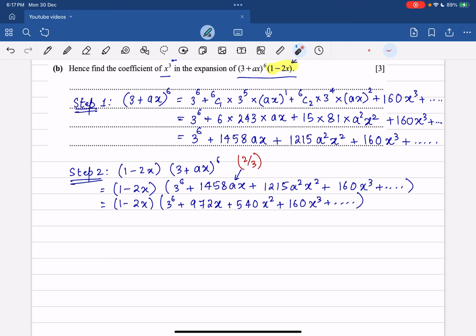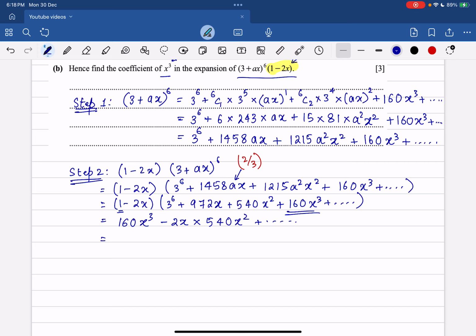If you multiply x cube with 2x, you will get x raised to 4, which is what you are not interested in, so we don't go there. So 1 getting multiplied with 160 makes it 160 x cube, and minus 2x getting multiplied with 540 x squared.